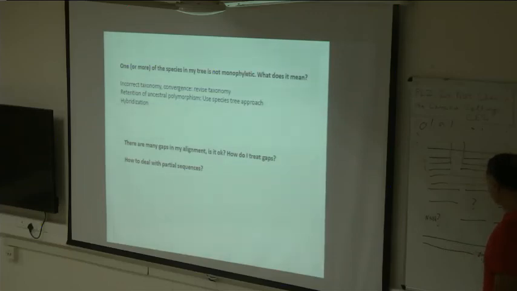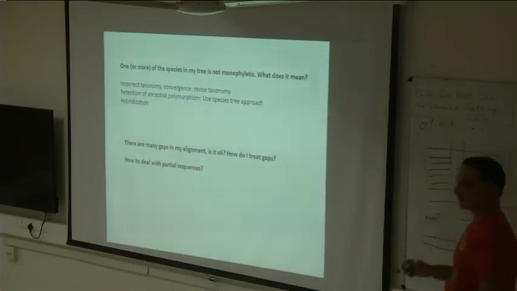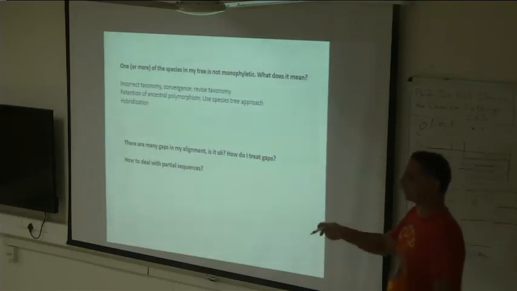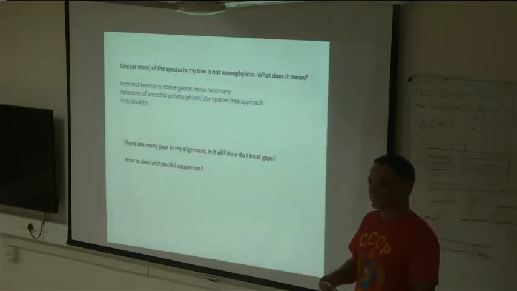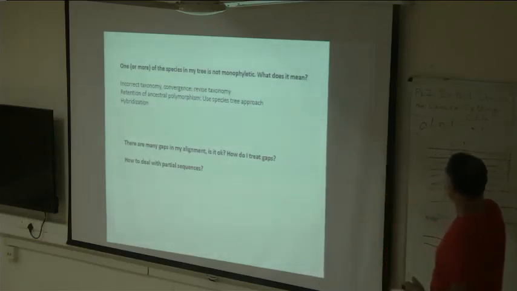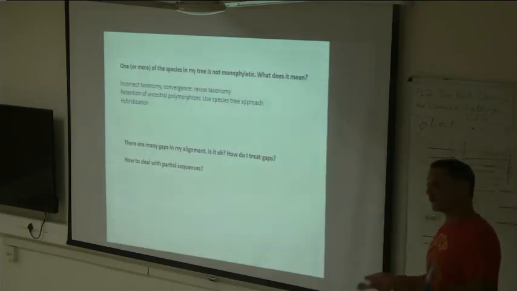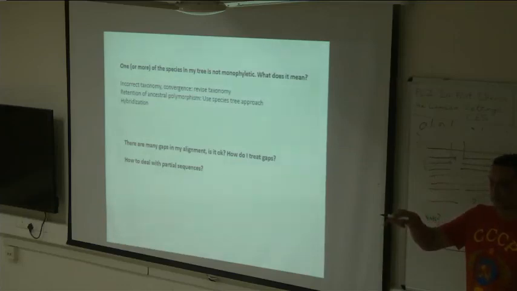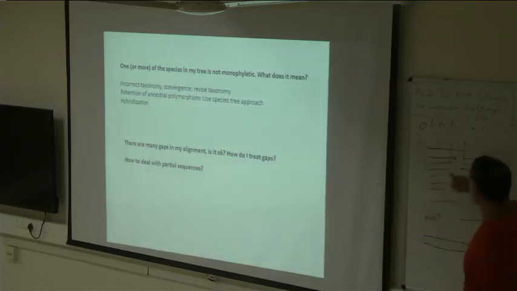So you can do N or question mark. If you put question mark, the program will treat it as N, right? But I hope you understand that this is not N, right? This is a true gap, or it can be an insertion. It may be an insertion here that would introduce a gap here, right?